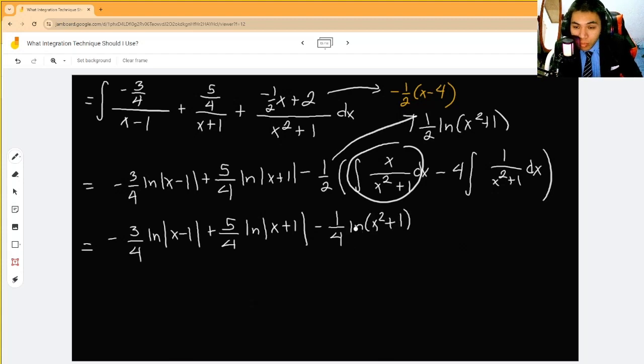So you're wondering why I didn't put the absolute value. It means that this expression will always be positive, since even if we square a negative number, it will be positive. Minus 4. This is an arctan situation, so we have 1 over a. Okay, so 1 over a is 1, so that's arctan of — right.